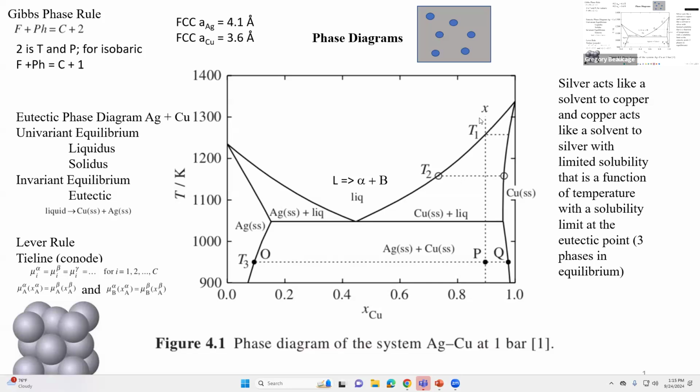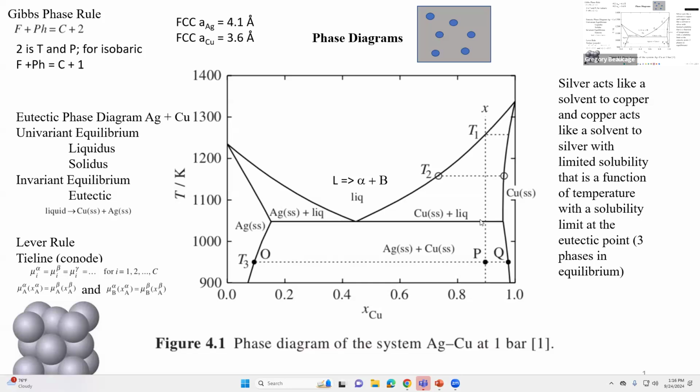The other thing that's weird is there's a point, the lowest point where it would form a solid. It forms some solid here, some solid here, but still some liquid. Then finally, you just have a transition from liquid to the two solid phases. So when you get to this point, it's going to go from liquid directly into pure silver and pure copper crystal. This is the eutectic point.